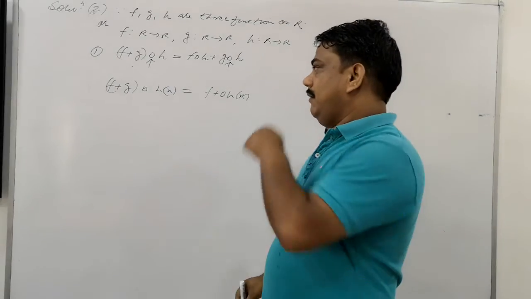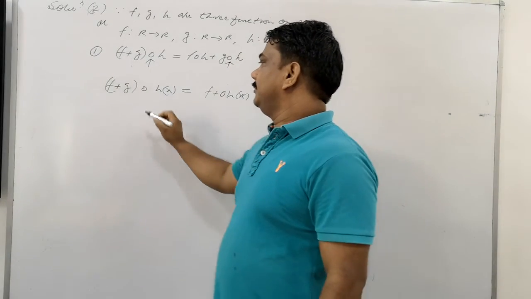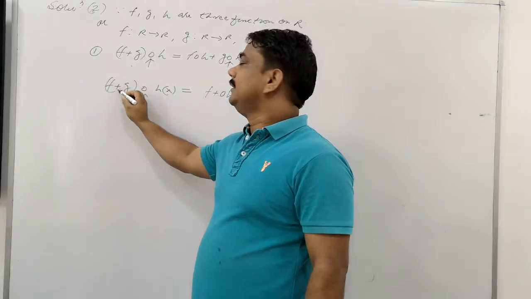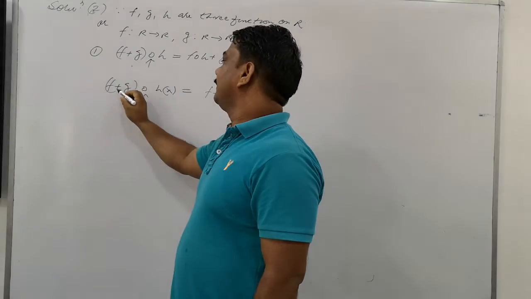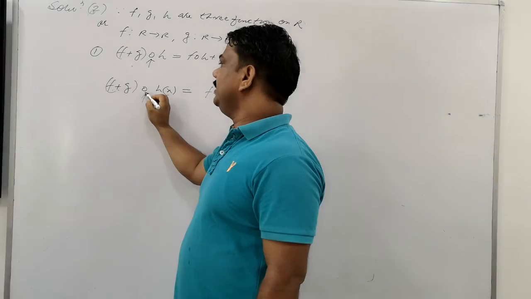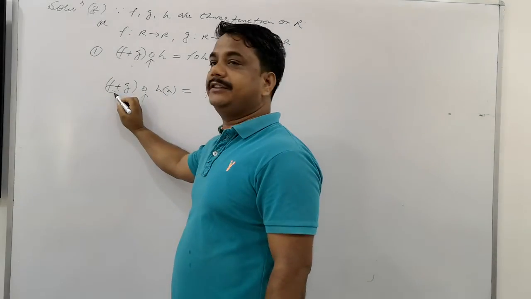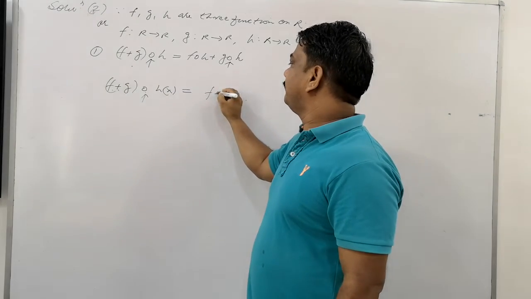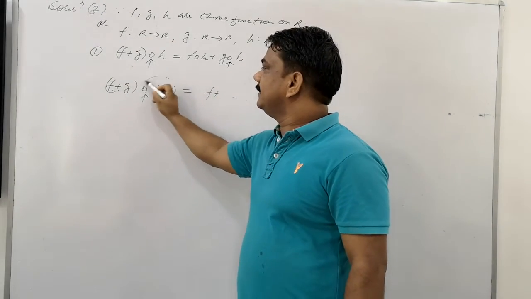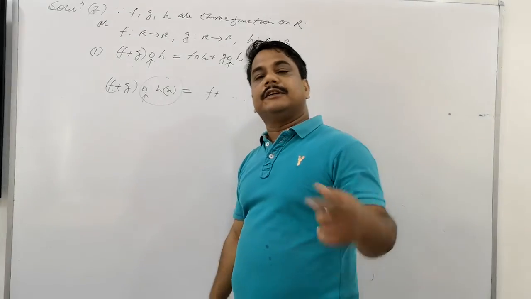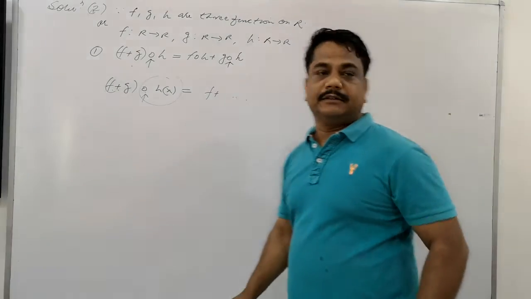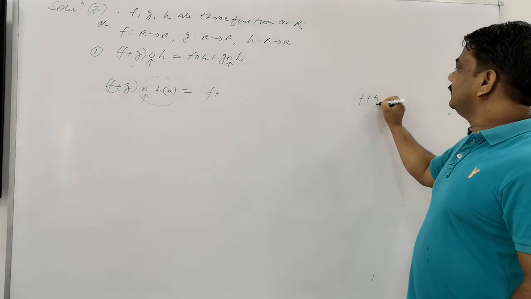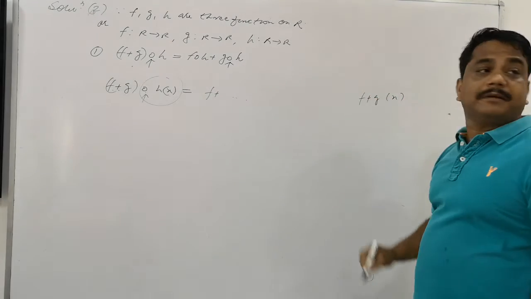Why? Because you have studied about composition. Addition is there. So simply we can write it down, it is a composition here and an addition. We recall from the 11th class, f plus g of x, do you remember this or not?